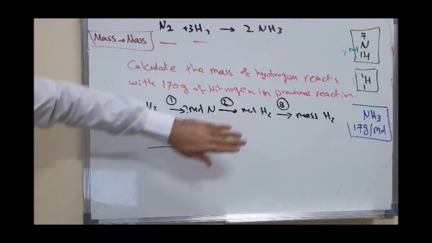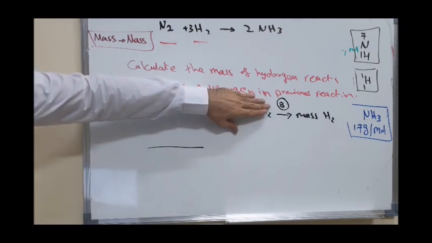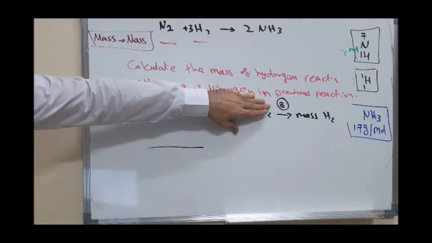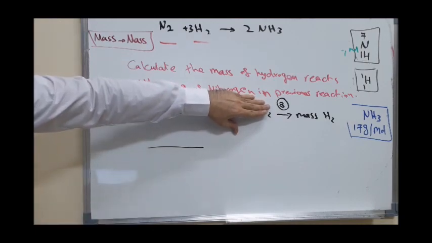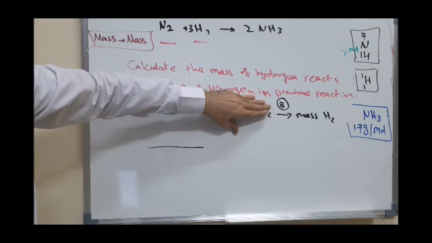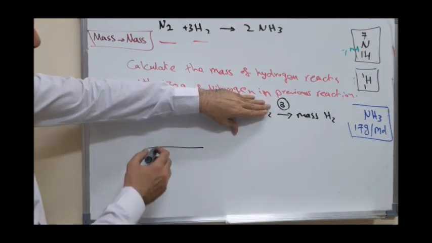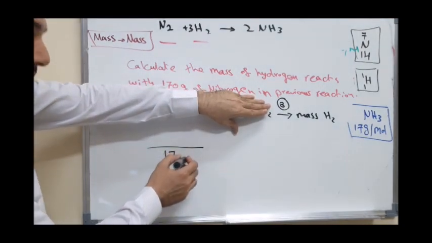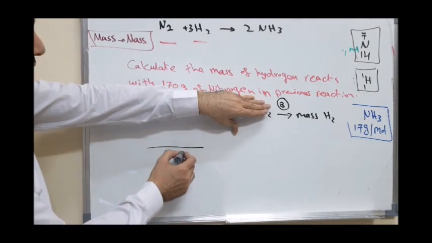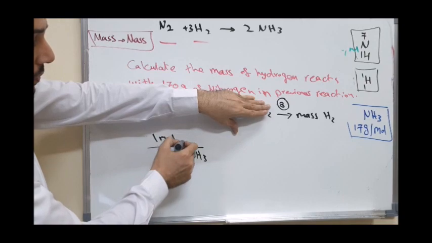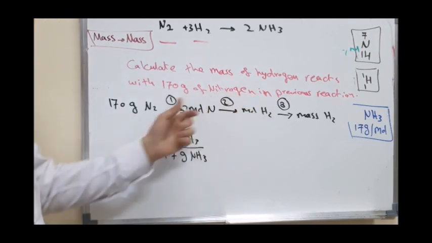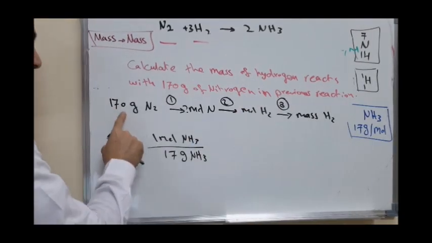As I said before, just hide the numbers to make sure that you do not use the numbers from the question; use the numbers from the periodic table. We said that the molar mass of ammonia is 17 grams, and the mass will be in the denominator, so 17 grams of ammonia forms 1 mole of ammonia.